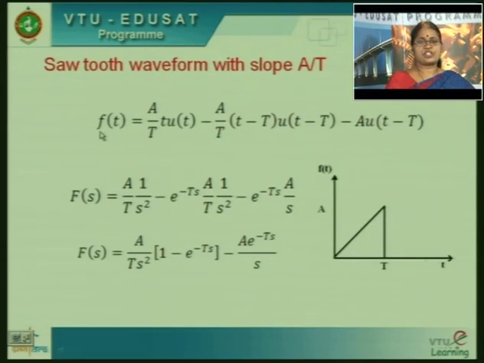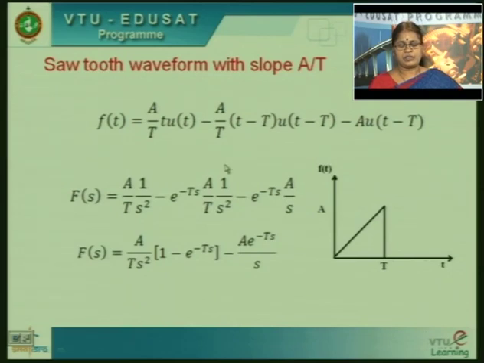So, if I write the equation for this ramp function, I can write it as f of t is equal to A by T, t into u of t, that is the equation of the ramp, minus A by T into t minus T, u of t minus T, that is the shifted ramp with a negative slope.